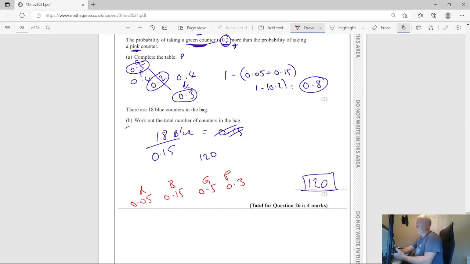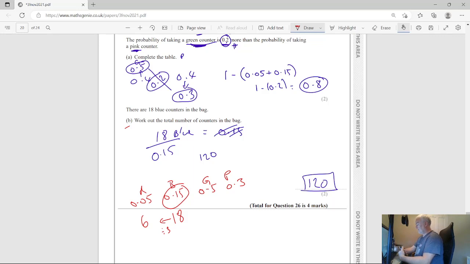So there are 18 in the blue. Well, let's think of 0.05s. 0.05 times 3 gives me 0.15. So if I divide by 3, 18 divided by 3 gives me 6 red counters.